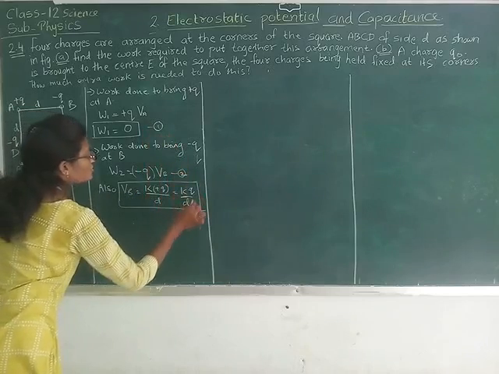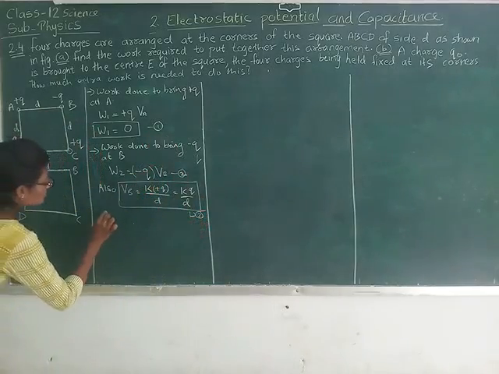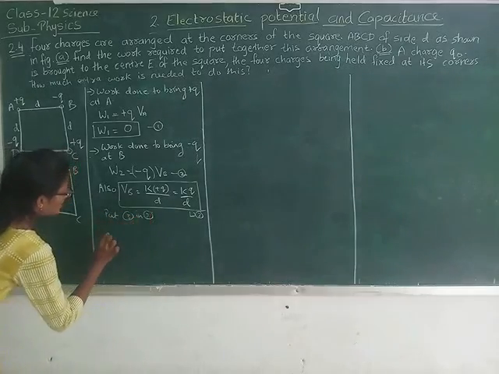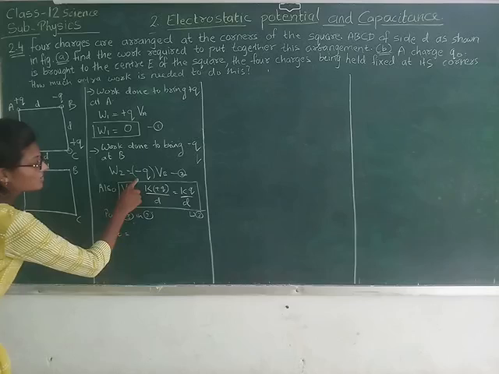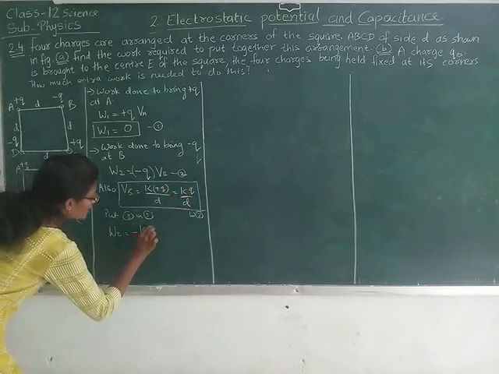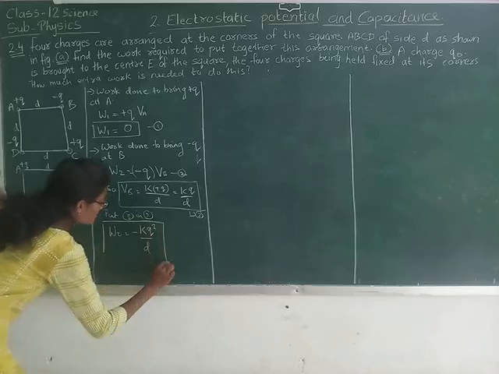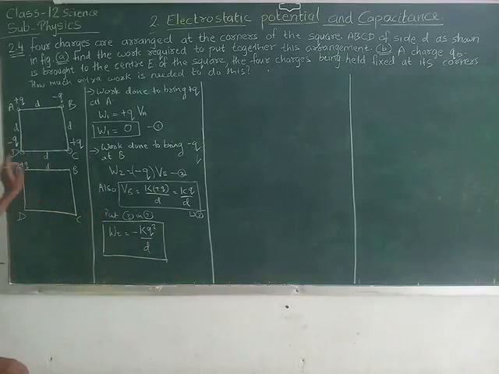Let this be equation 2, let this be 3. Substituting this 3 in 2, we get W2 equals minus Q into KQ by D. So it will be minus KQ square upon D. So this is the work done to bring the charge minus Q at corner B.